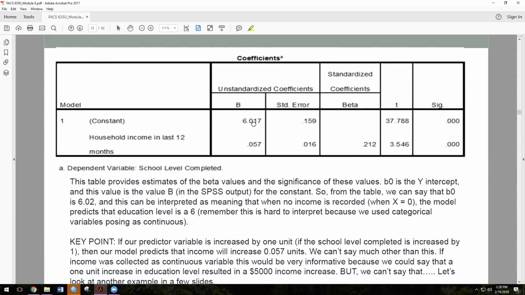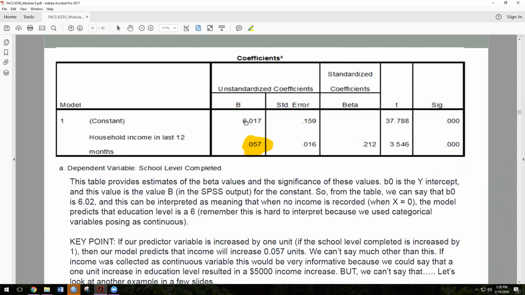And then I go to my beta, which is my slope right here, and it tells me that for every 1 unit increase in my education level, I'm going to increase my income by 0.057 units. Again, this is really hard to conceptualize because it was categorical variables. But if this was dollars, for example, and this was grade, then you would say at $0 income, people at least had a 6th grade education.